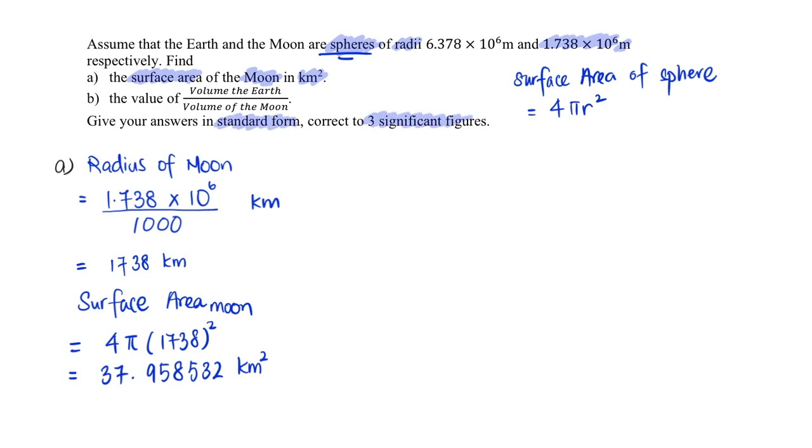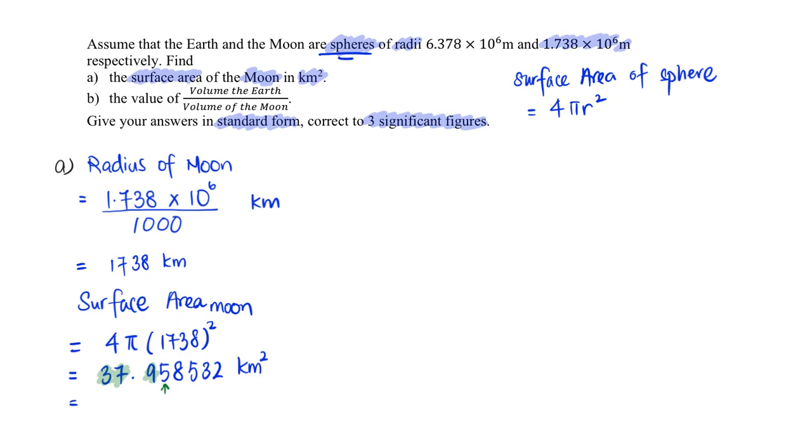And it is at this point that we will have to leave our answers in standard form, correct to 3 significant figures. And so I will first express my answer to 3 sig fig first. So this will be 3 sig fig, 1 sig fig, 2 sig fig, 3 sig fig. I look at this. This will be a value of 5 and above.